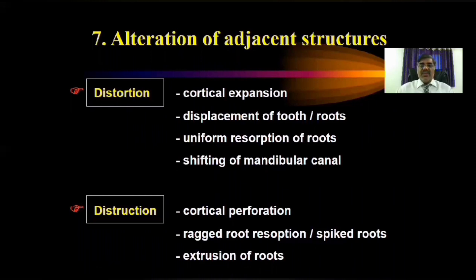These are all deforming effects of slow growing pathology. Whereas fast growing pathologies like malignancy and osteomyelitis produce destruction, cortical perforation, ragged root resorption, spiked roots or extrusion of the roots. So let me show you some examples.